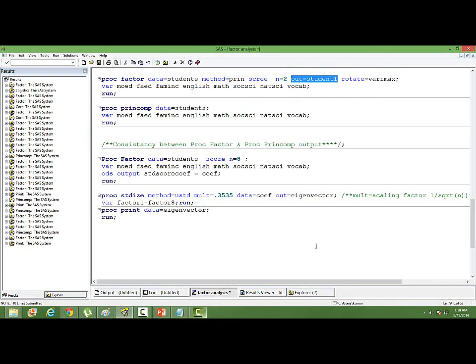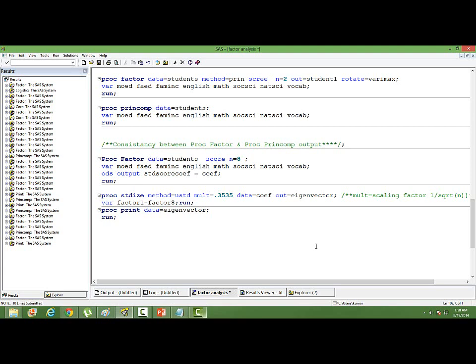To summarize, principal component analysis is very similar to exploratory factor analysis. There is a great chance that you might confuse these two techniques. Remember, they are essentially the same in terms of their uses, but the underlying assumptions are different, so you need to be a bit careful. There are 2 procs available in SAS that you can use: proc factor and proc PRINCOMP.